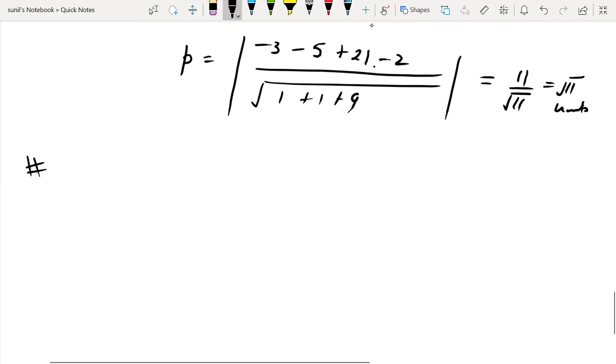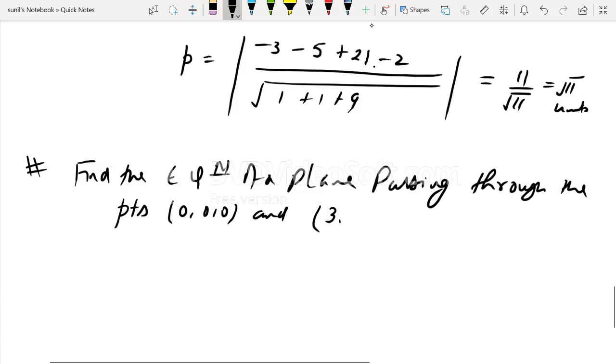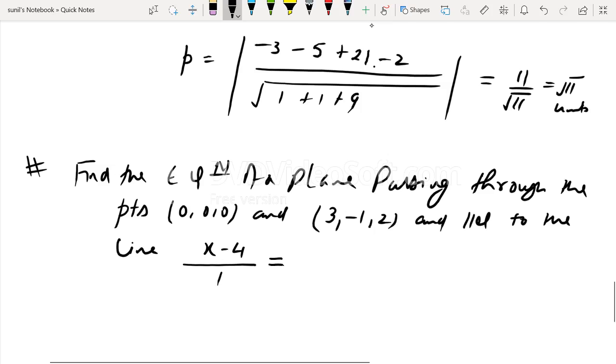The question is, find the equation of a plane passing through the points 0, 0, 0, that is through origin, and 3, minus 1 and 2, and parallel to the line (x minus 4) by 1, (y plus 3) by minus 4, and (z plus 1) by 7. This question was asked in the 2011 board.